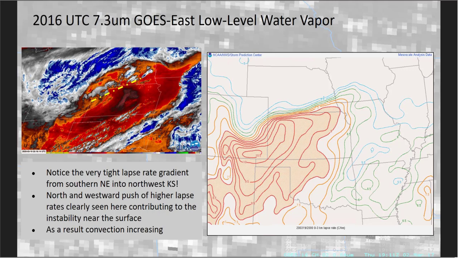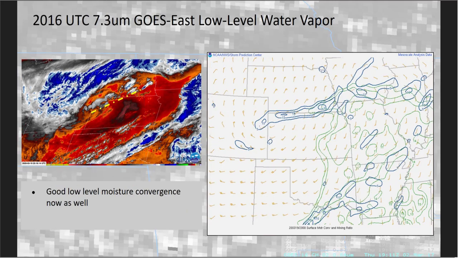So we're starting to see some higher instability along that front, resulting in that increased convection. But as you see, the convection didn't initiate along the entire boundary, but rather in pockets, so it wasn't widespread right from the start.